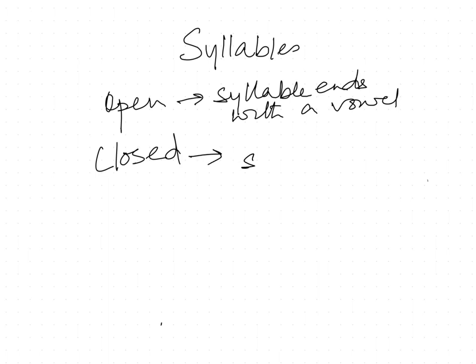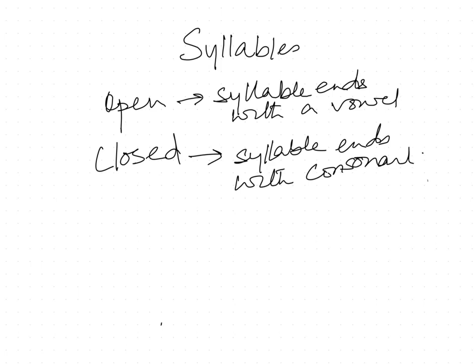A closed syllable is a syllable that ends with a consonant. The open syllable is a syllable that ends with a vowel. A closed syllable is a syllable that ends with a consonant.